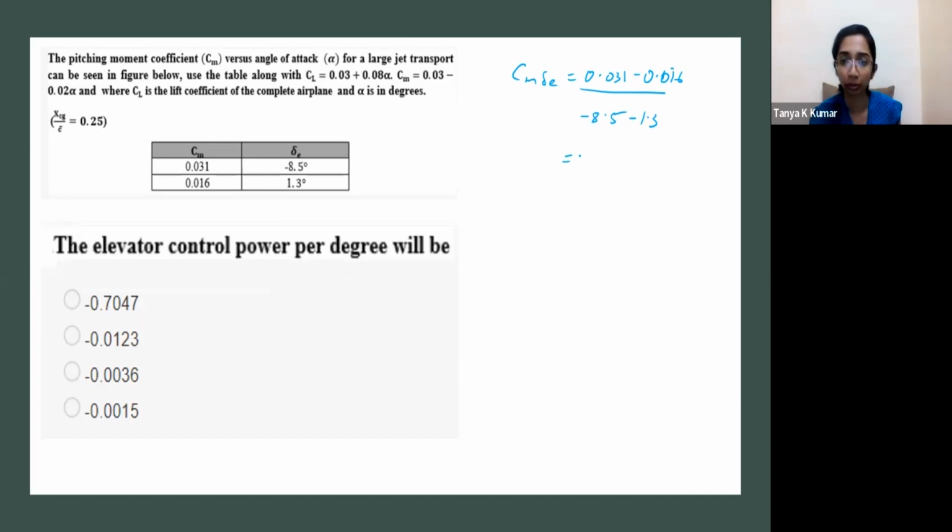Just subtract these and divide. So it's minus 0.0015 per degrees. Right, so that is this.